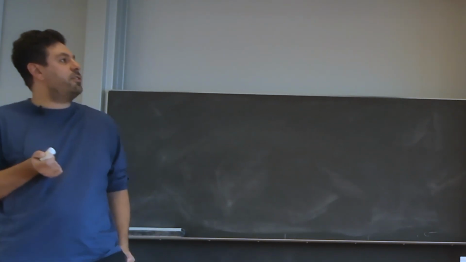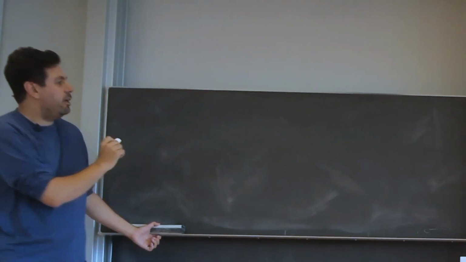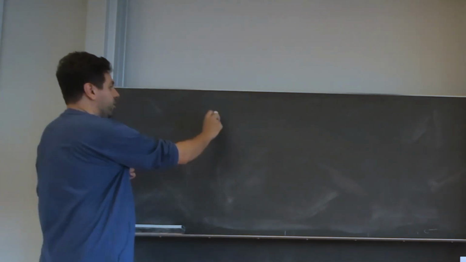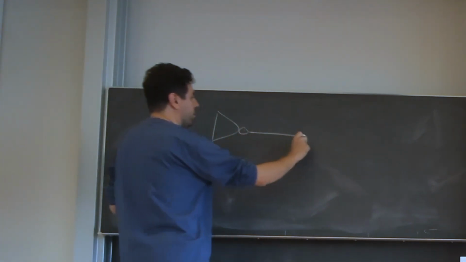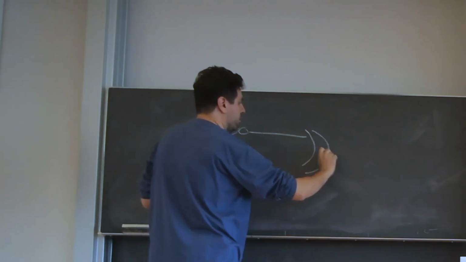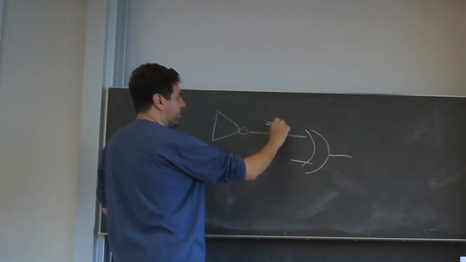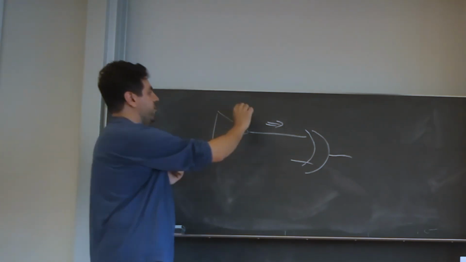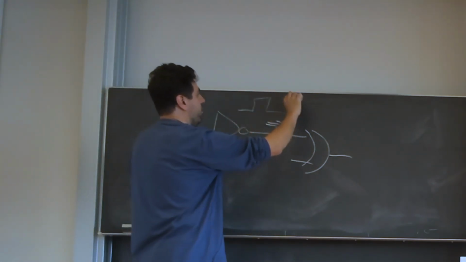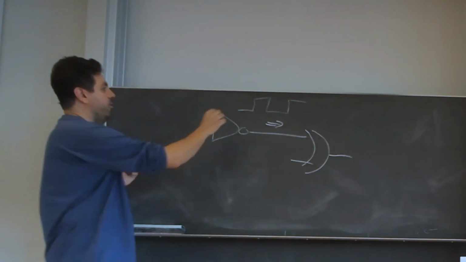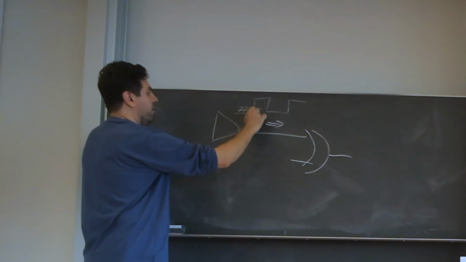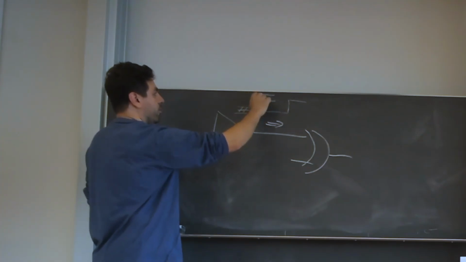One way to do that is by signaling. A normal bit that you want to communicate in a circuit, let's say from here to here, this is the communication line. You encode that by a single wire, going between some lower voltage in this area and some higher voltage in this area.